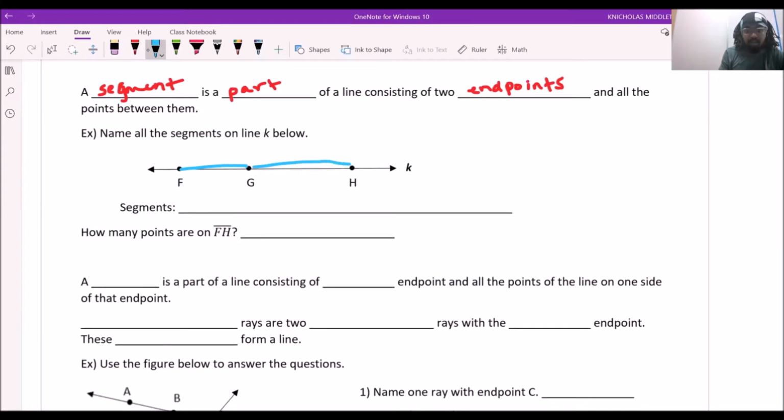And you might say, hey, these are segments too, but we don't have another point to name it, so we won't call it H something or F something. And remember that we won't say GF. That's not a new way to name FG. It's just redundant. Okay, so we have segment FG, we have segment GH, and we have segment FH.